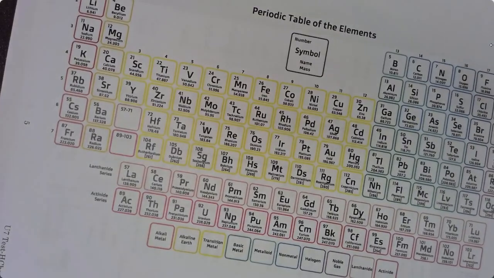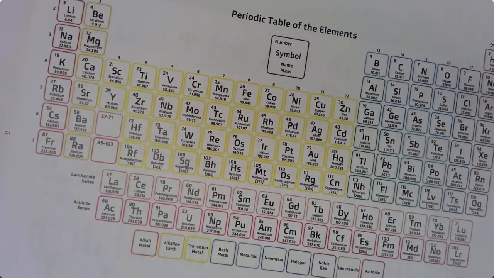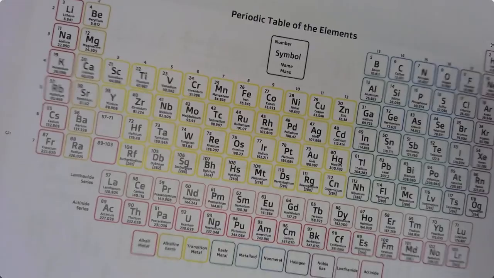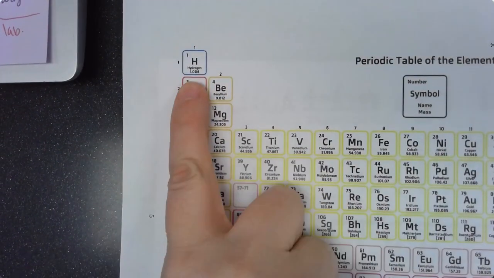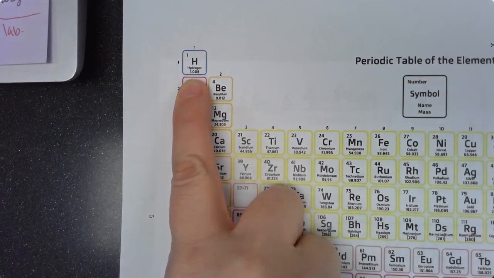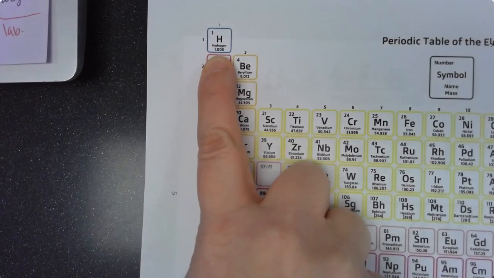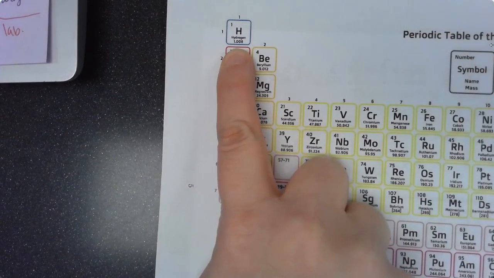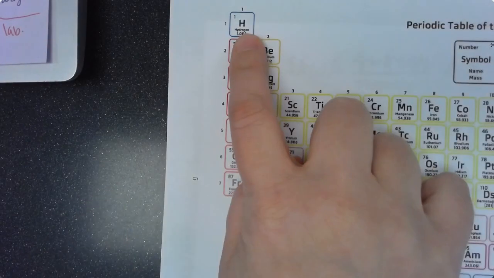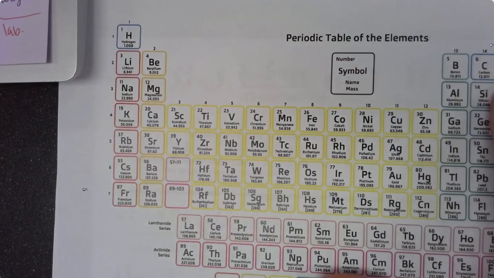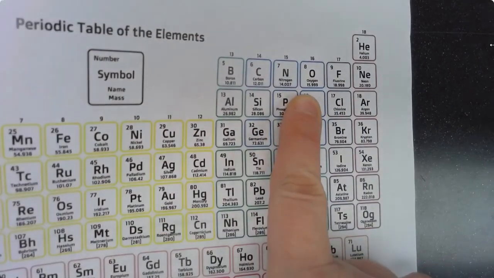Your periodic table, if you need copies of these, I pull them off the test sometimes so you can have copies if you want. For hydrogen, you see the number at the bottom. That's the mass of 1 mole of that atom, so it's 1. The ones that I know: hydrogen, carbon is 12, nitrogen is 14, oxygen is 15.99, but it's basically 16.